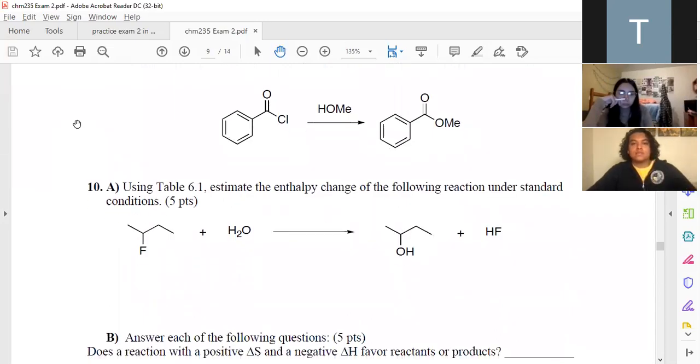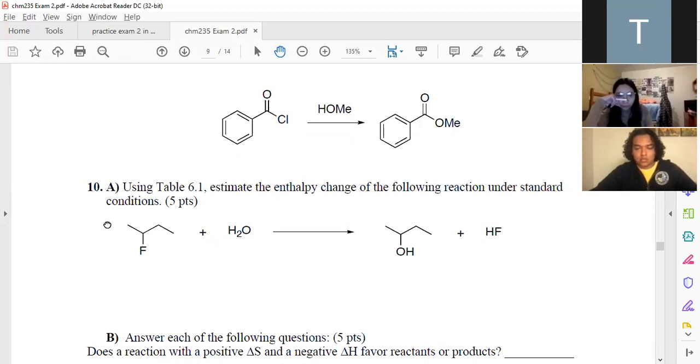Using table 6.1, estimate the enthalpy change of the following reaction under standard conditions. So how do we calculate enthalpy change? Products minus reactants. Well, it depends. If we're doing bond enthalpy, we do reactants minus products.